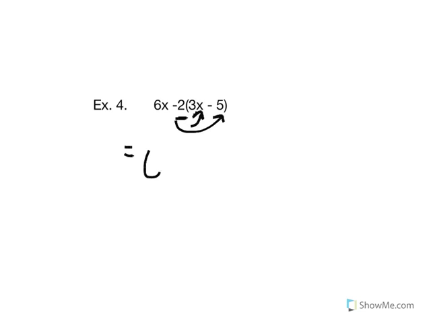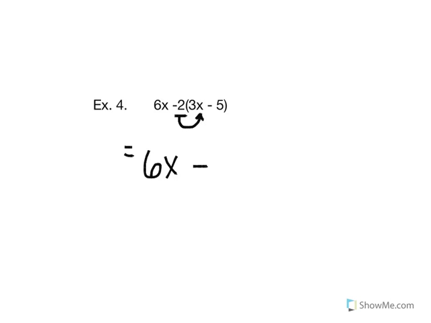This 6x is just kind of hanging out, waiting to see what happens with that -2 and the parentheses. So I'm going to bring my 6x straight down, and then I'm going to start my distribution with this -2. The -2 is going to multiply on the 3x.